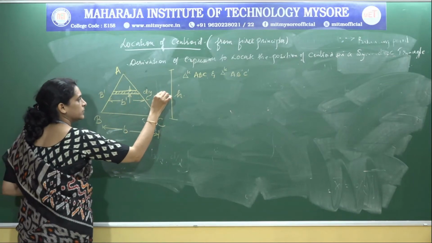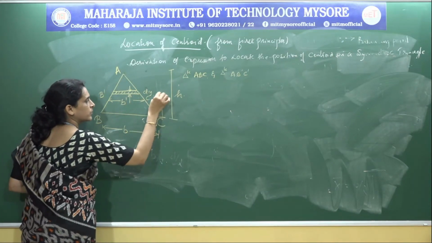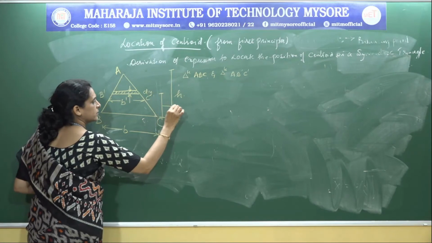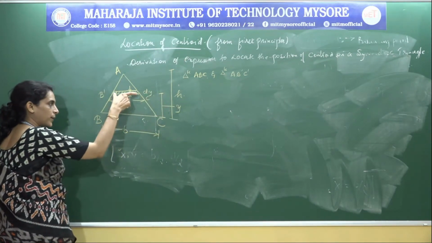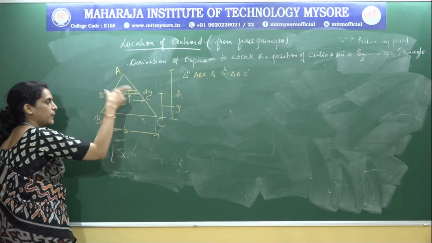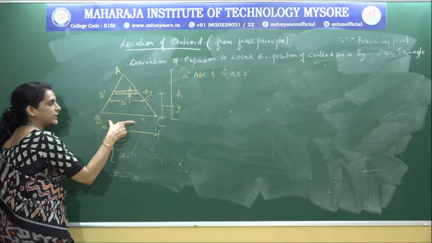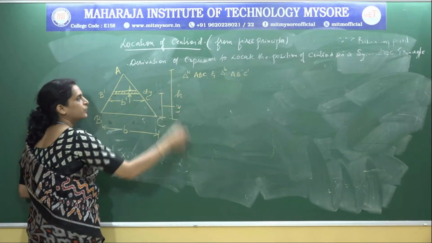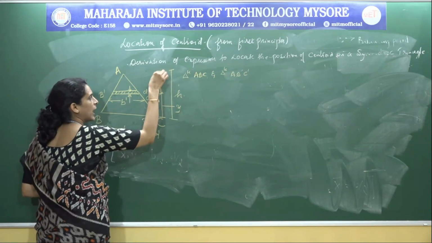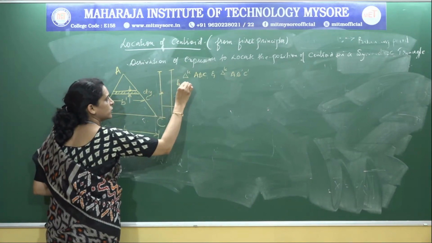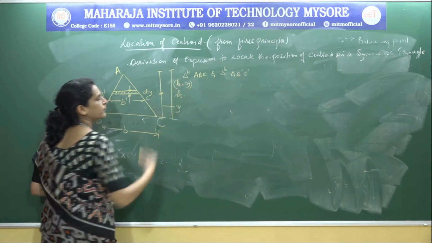Here, this is the point Y, that is the distance from the base of the elemental strip to the base of the bigger triangle, that is Y. So now I have this height as H minus Y.